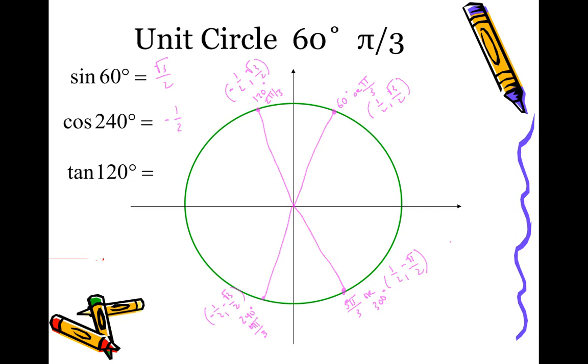If it's a 60-degree reference angle and it's in the third quadrant, then I know cosine of 60 is 1/2, and since it's in the third quadrant, cosine has to be negative. And then the tangent of 120, right here. So you're going to have √3 over negative 1/2, y over x. Instead of dividing by a fraction, let's multiply by the reciprocal. You're going to get negative √3.